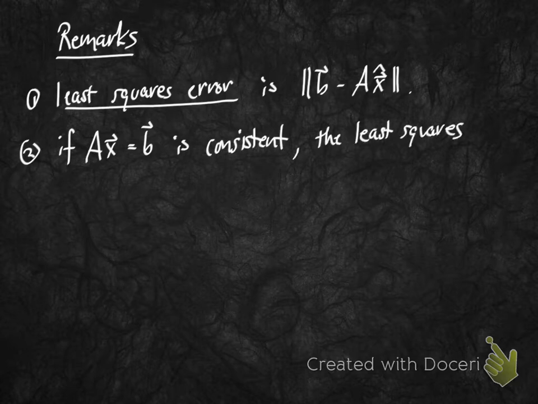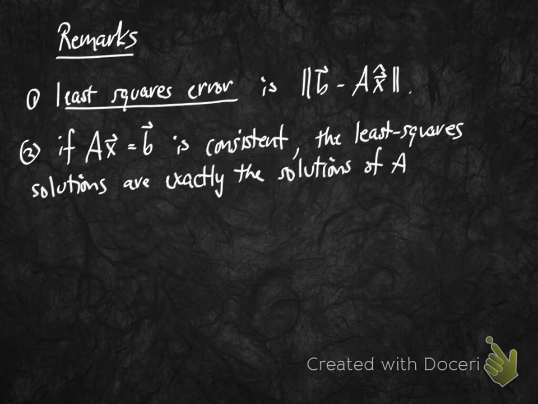Two, if the linear system that you're trying to find a least squares solution for is actually consistent, then the least squares solutions are exactly the solutions of Ax equals b, right? The difference now is if Ax equals b is inconsistent, meaning it has no solutions, the least squares solutions are still going to exist.